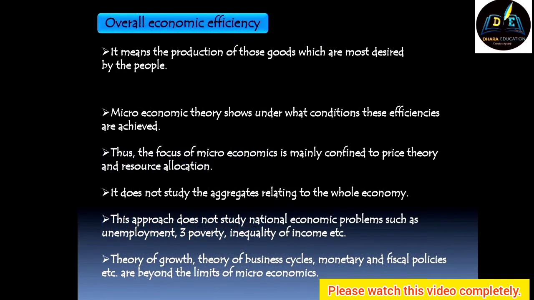Move on to the last point, which is called overall economic efficiency. It means the production of all those goods and services which are most desired by the people. Microeconomic theory shows under what conditions these efficiencies are achieved. Thus, the focus of microeconomics is mainly confined to price theory and resource allocation. It does not study the aggregate or the whole economy.